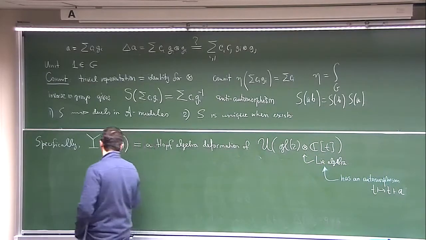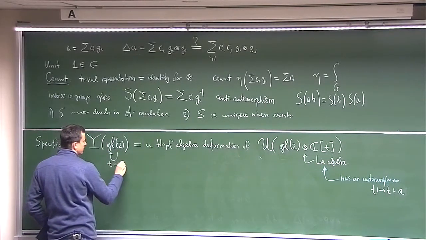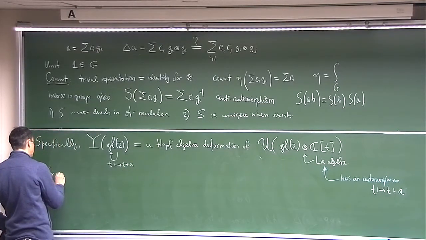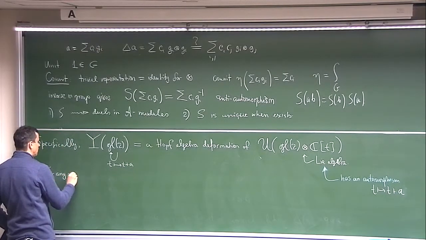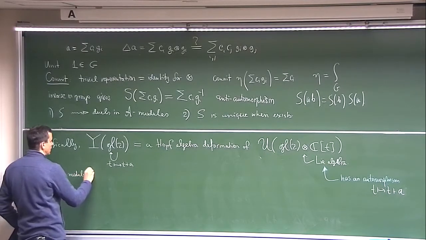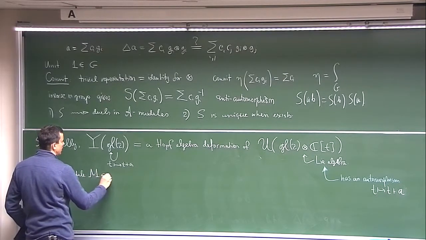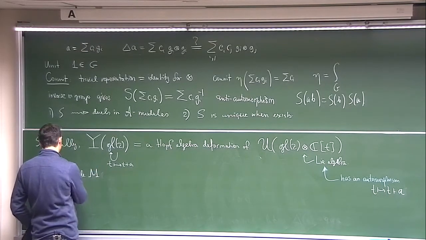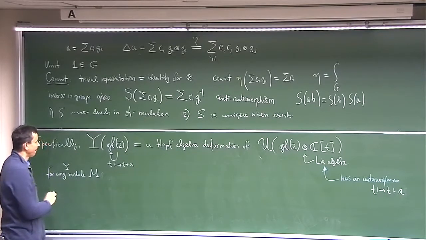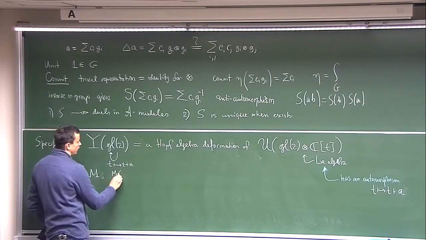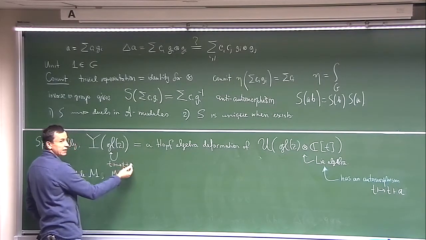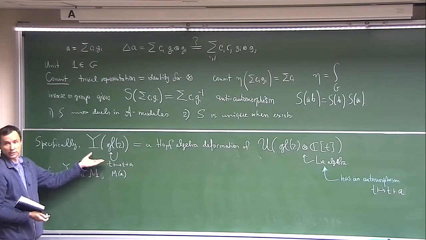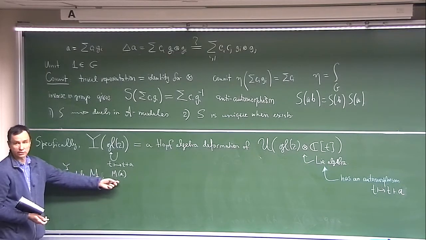There's a corresponding automorphism. So for any module M, I have a module M(a), which is obtained by precomposing with the automorphism of the algebra, and I get a new module.